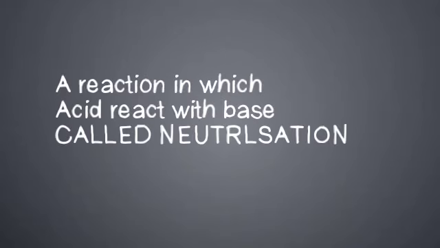Let's move to the third property, which is very important, also called the neutralization reaction. A reaction in which acid reacts with base to give salt and water. Neutralization reactions are the reactions in which acid reacts with base and gives salt and water.